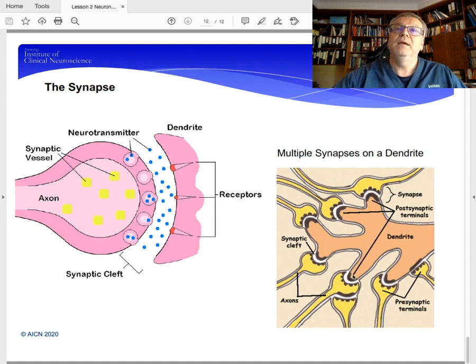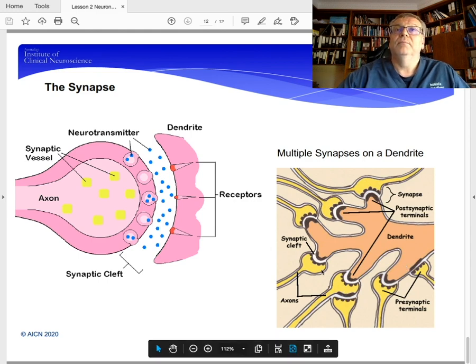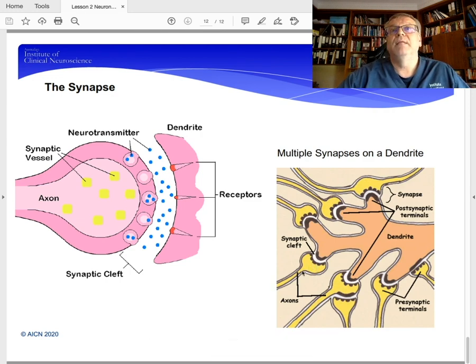So they can produce all kinds of different modulations in that dendrite. What we call the neuron or the axon that is causing the stimulus or coming in contact with the cell here, producing the stimulus, we call the presynaptic axon.